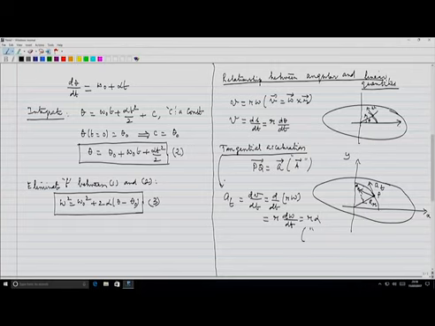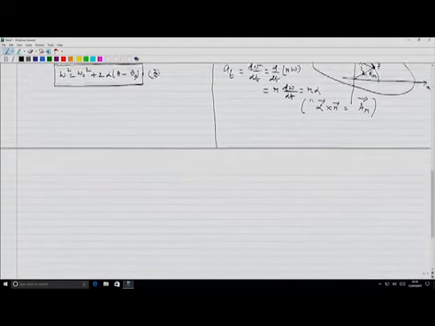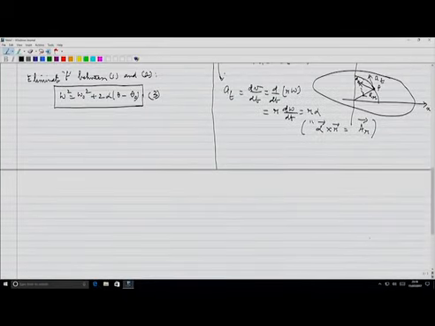This is what we earlier called alpha cross r, which we called capital A r vector. Now radial acceleration.